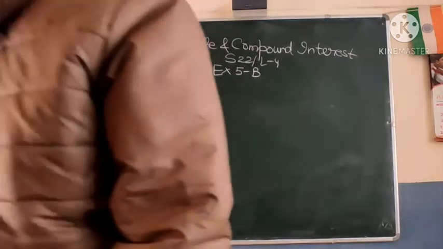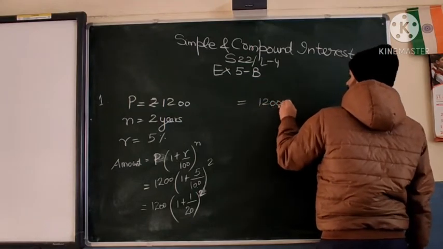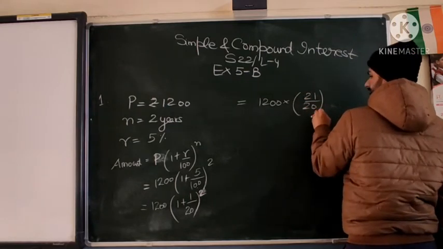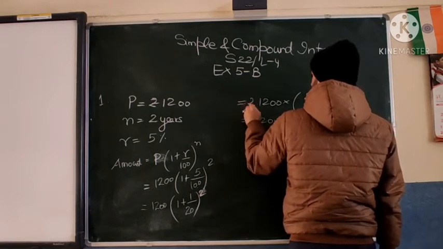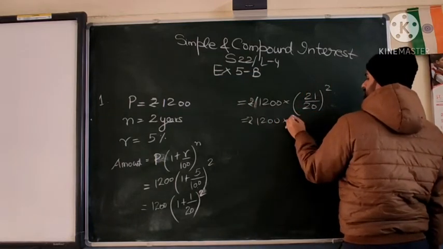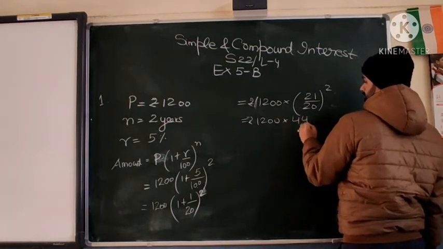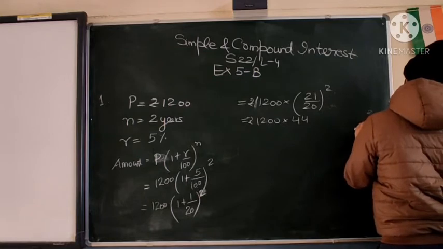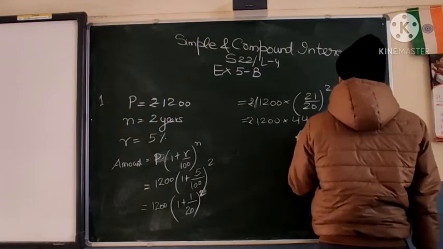So 1 plus 1 by 20 is 21 by 20, power 2. 1200 rupees equal to there. 21 into 12 is 252, so 21 times 21 is 441.